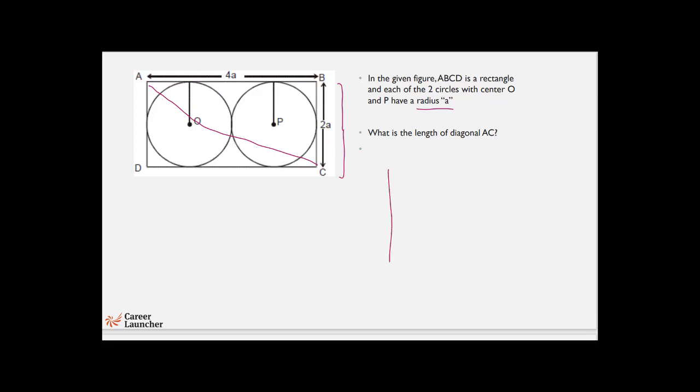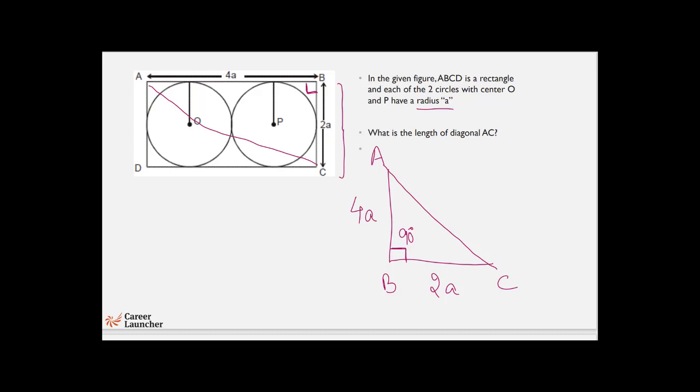Now the length of AB happens to be 4A and the length of BC happens to be 2A, and this particular angle is 90 degrees. As we know, this is a rectangle, so this angle should be 90 degrees, and AC is nothing but the hypotenuse here.